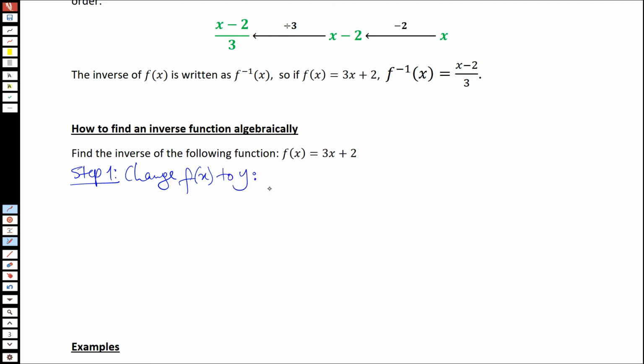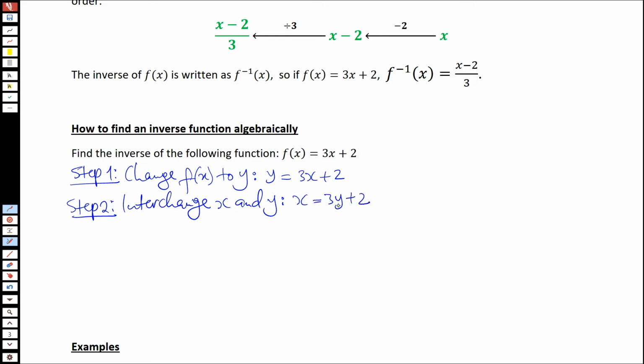So basically what you'll end up with here is y is equal to 3x plus 2, which is just an equation. Step 2: interchange x and y. So you'll have x is equal to 3y plus 2 from here.